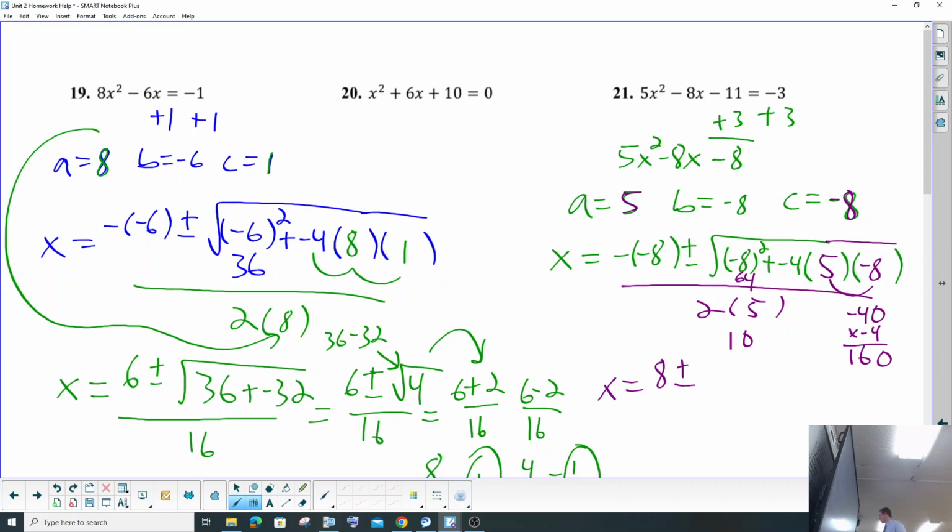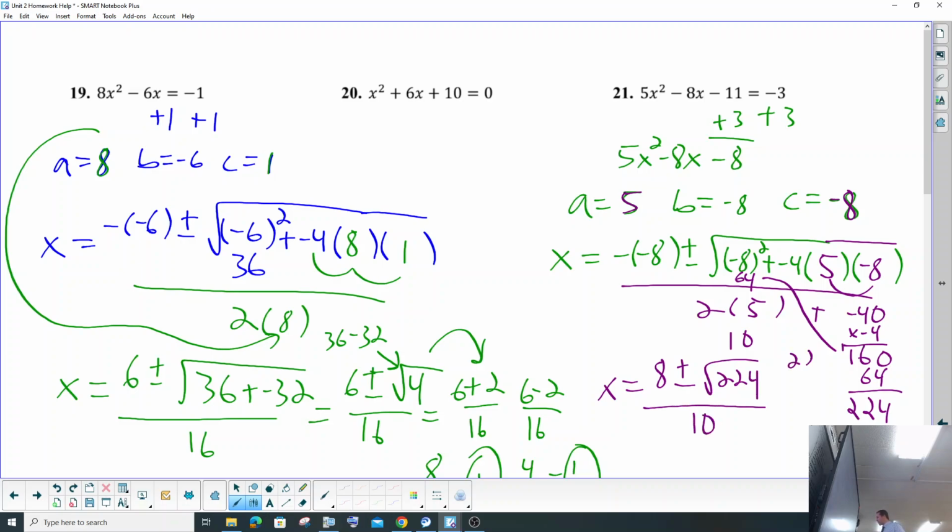And then 160 plus the 64 there is going to be 224. Wow! Square root of 224, and that's all over 2A, which is 10.